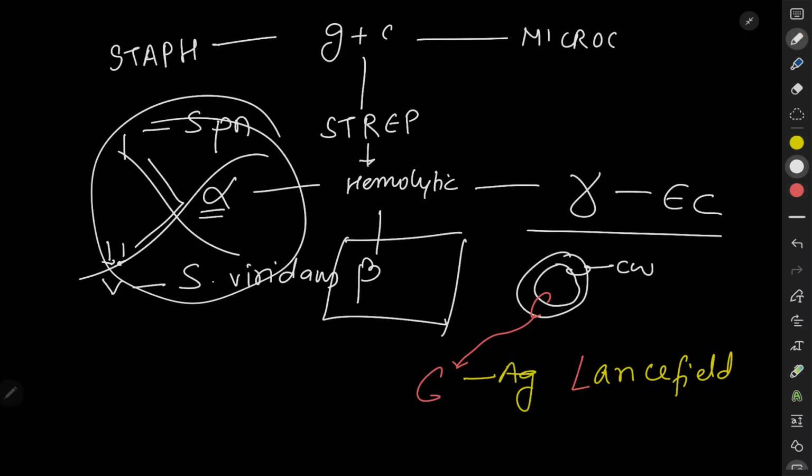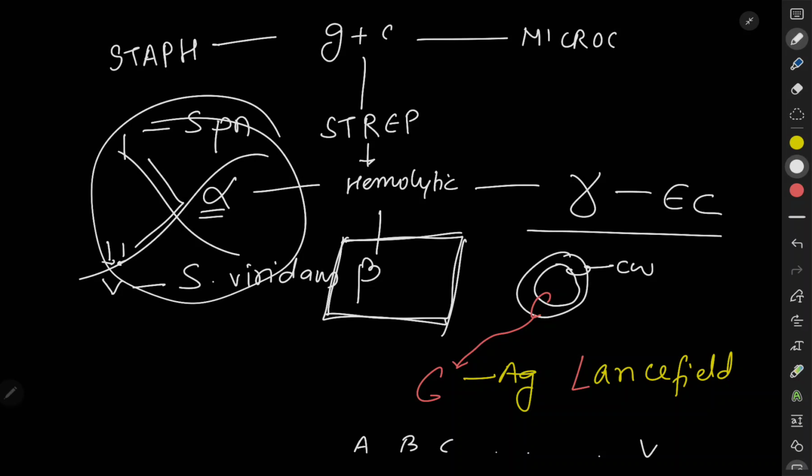And she classified these beta hemolytic streptococci into many classes and named them based on alphabetical letters. So A, B, C, dot dot V. That's it. Just a small nuance.